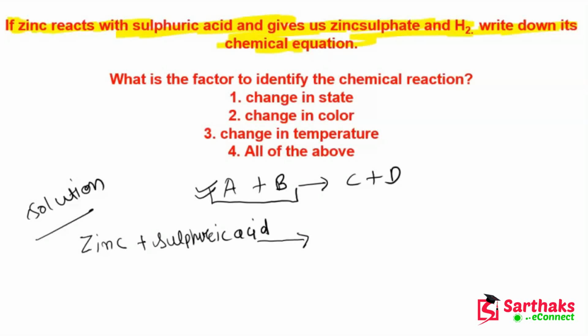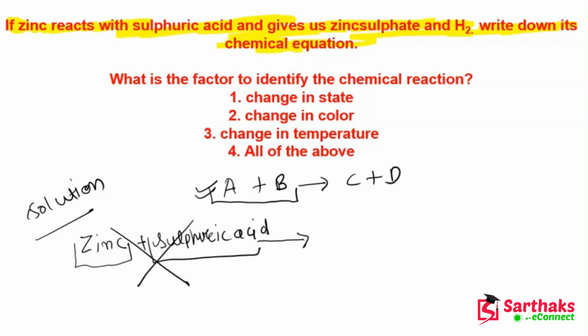Okay, now here I have made a mistake. You have to identify what mistake I am making here. So you are right, guys. Your guess is 100% right. We know that we have to write the symbol or the formula of the substances, but here I am not writing the formula, I am writing the name of the substance. So it is wrong.